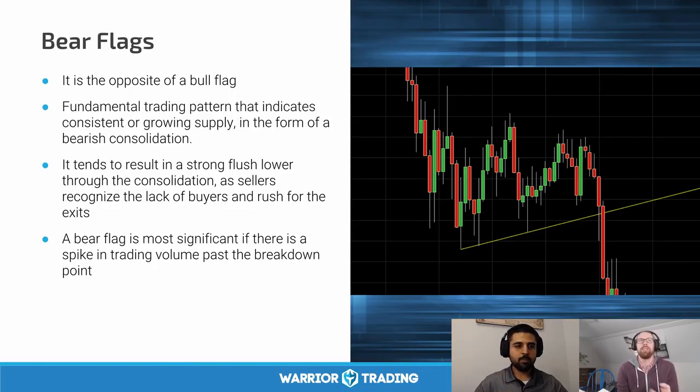They're more just a pattern to be aware of, especially if you're holding it to the long side, that this is a bearish pattern. You don't usually want to be holding it, and it's something that you may be able to apply in the future if it becomes easier to borrow and short cryptocurrencies. I don't know if there's any indication that that'll happen, but it's just something to be mindful of.